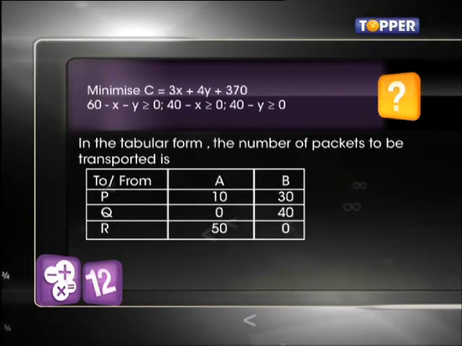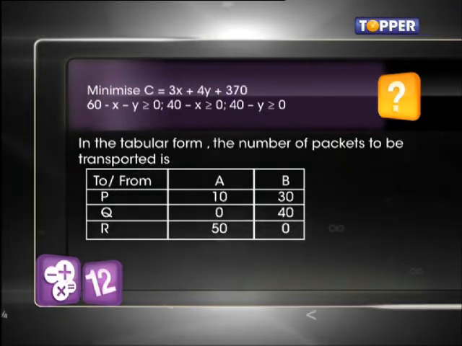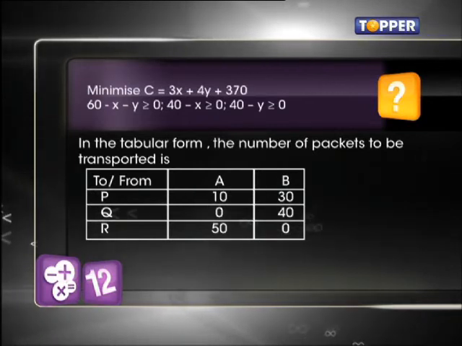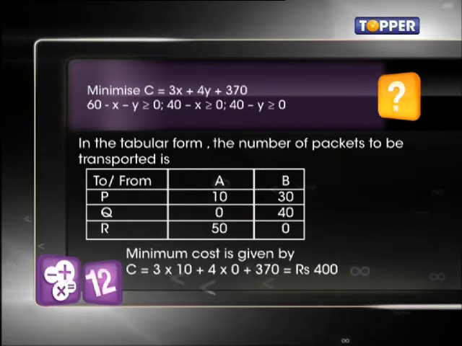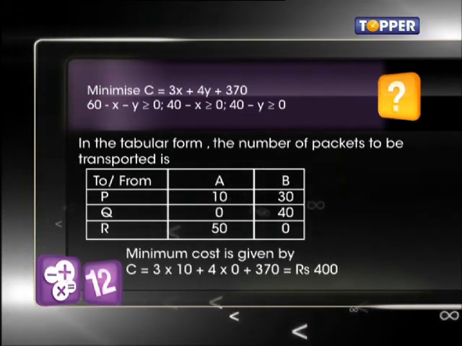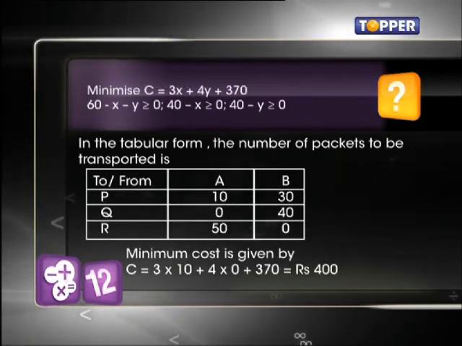In tabular form, the number of packets to be transported is shown in the table. The minimum cost is given by C equals 3 into 10 plus 4 into 0 plus 370, which equals 400.